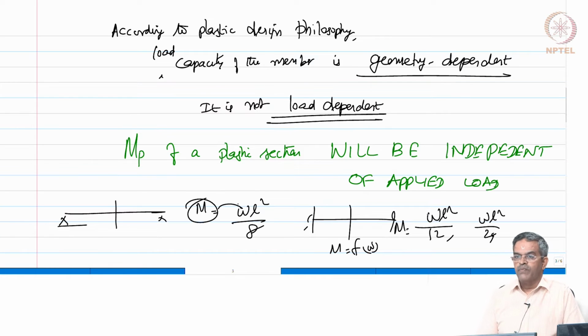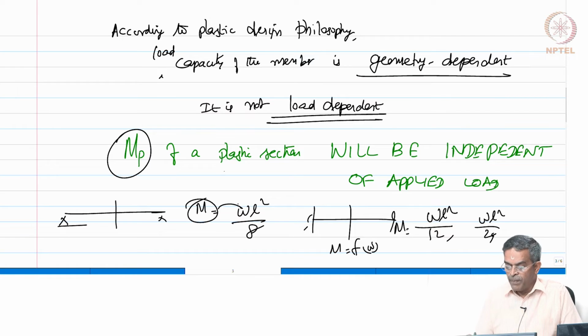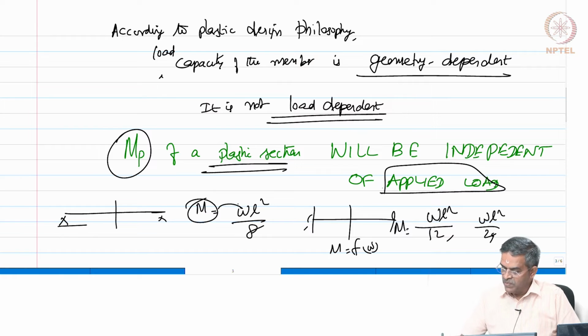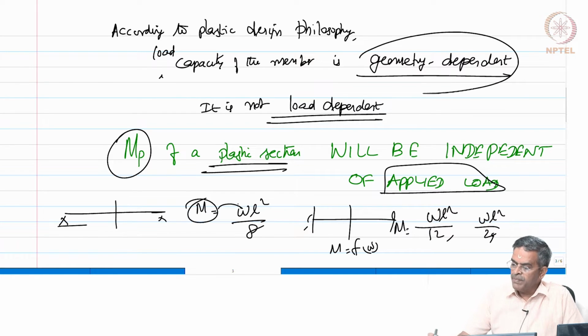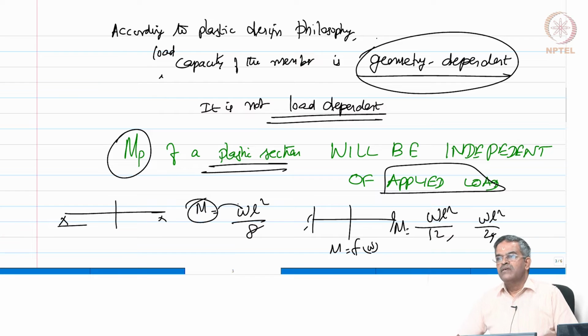But I will prove in the derivation later in this class that the moment capacity of a plastic section will not depend on load. It is purely a geometry dependent parameter. So, can I say that we are approaching towards form dominance?